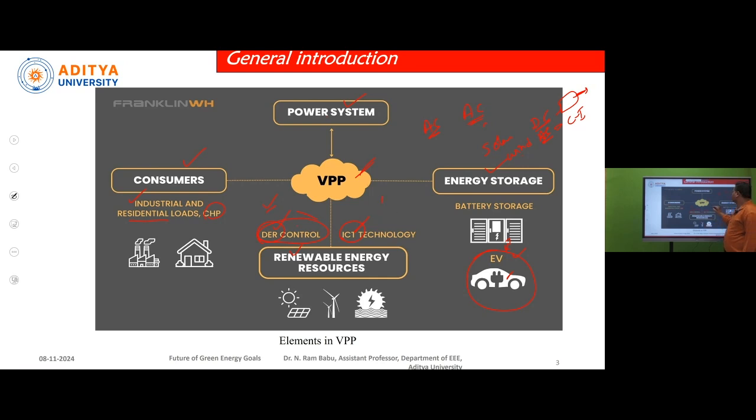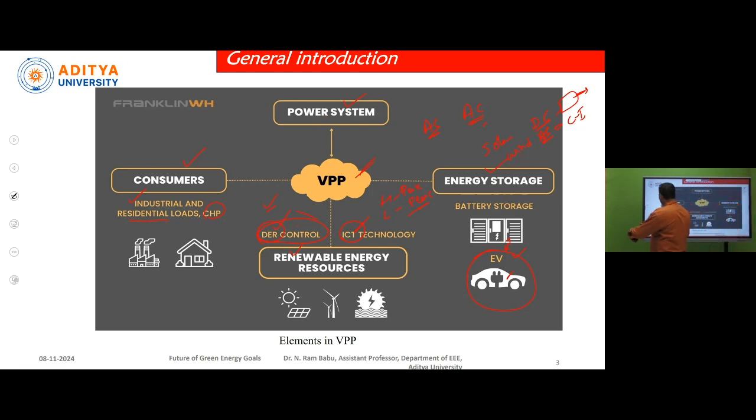That means the high capacity load system is to be off during peak hours, and low capacity systems should be on during peak hours, kind of thing like that. We are giving signals in such a way that the loads will be operated with the help of demand-side management techniques, which send signals with the help of this ICT technology.